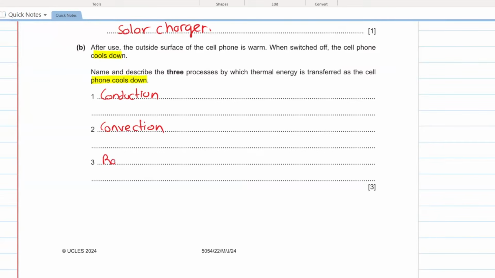Now you also have to explain how all these three energy transfers help in cooling the phone down.